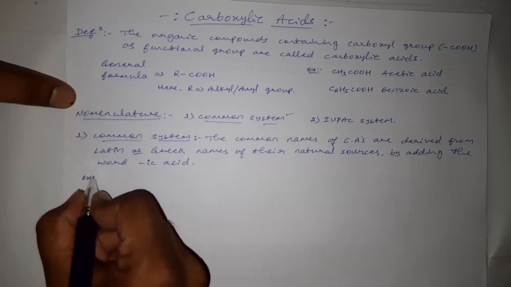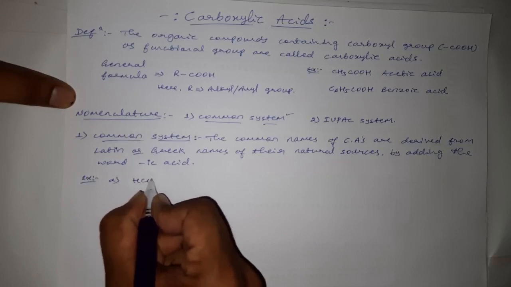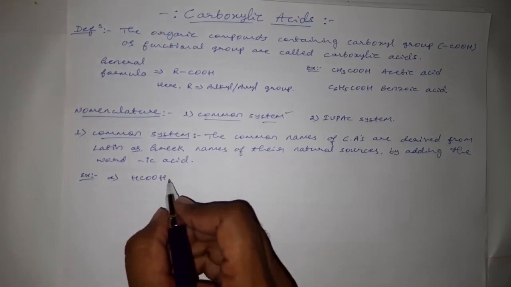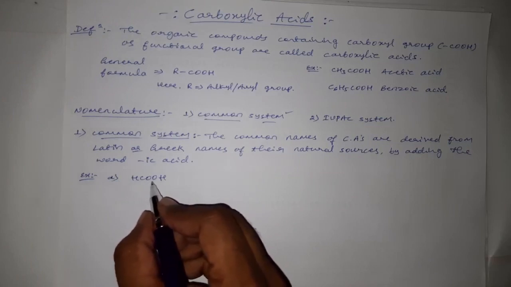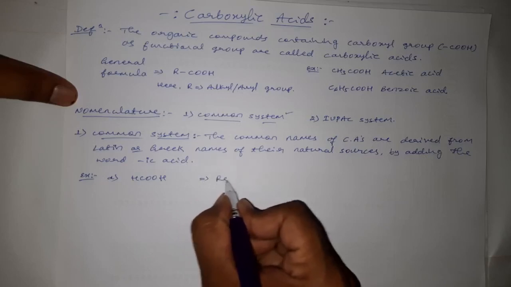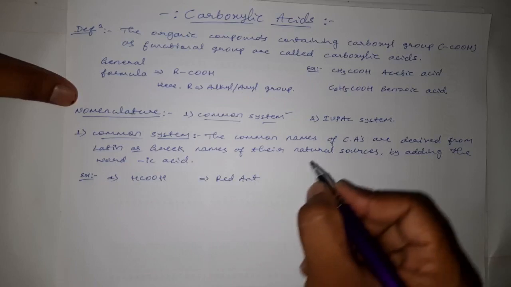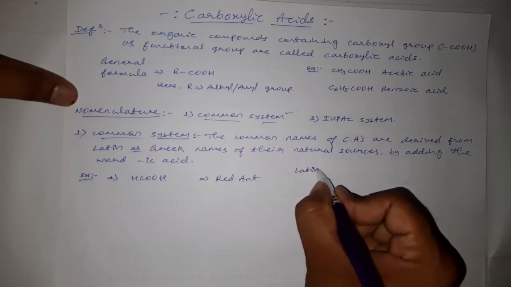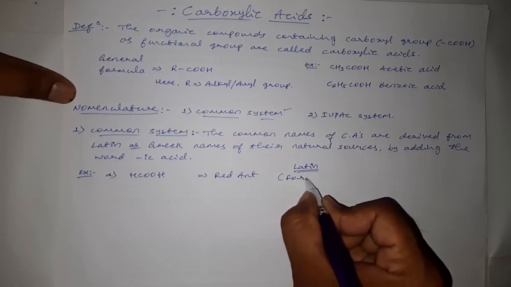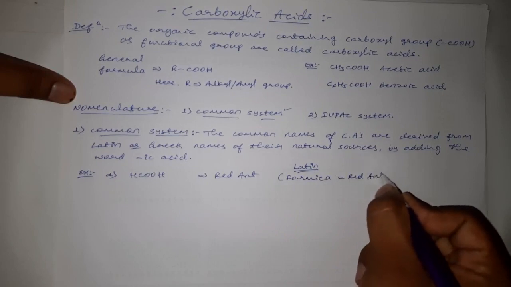Take for example HCOOH. It is an organic compound which is containing carboxyl group as a functional group, and its natural source is red ant.